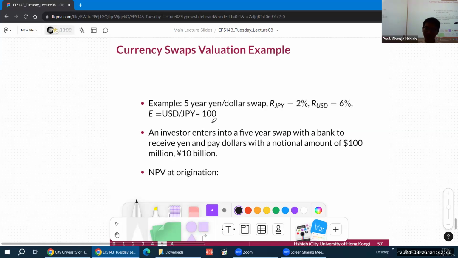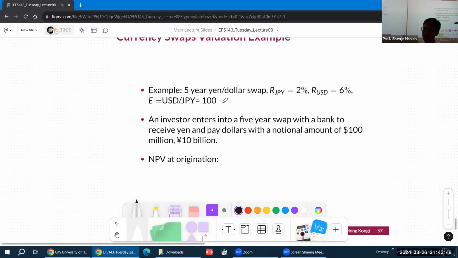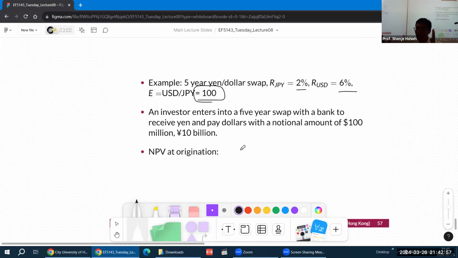So take for this example again, a 5-year yen per dollar swap, 2%, 6% again, and E starts out at 100. So as I mentioned earlier, both sides of the legs are equal in value, and so the NPV of the swap is 0.